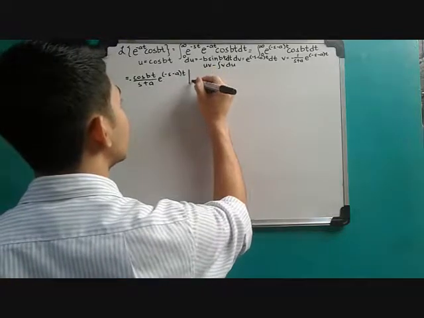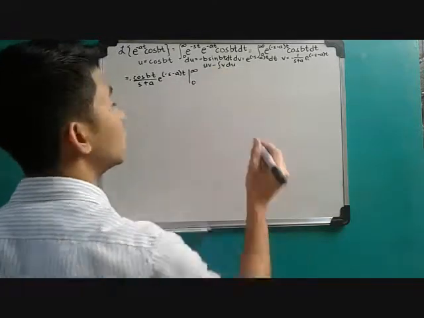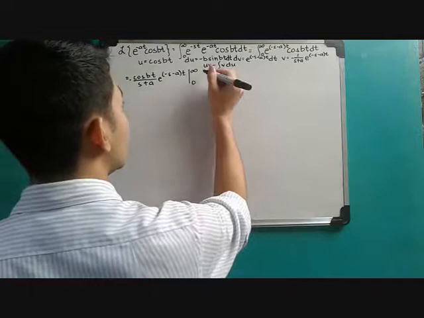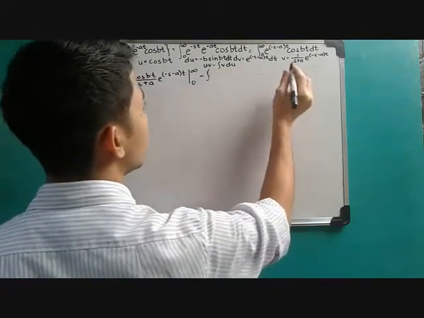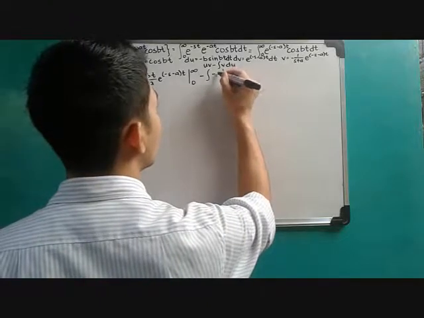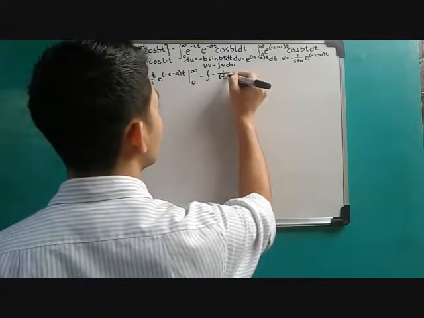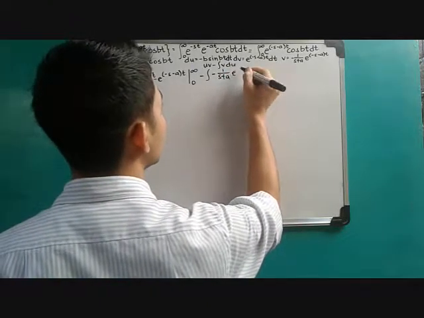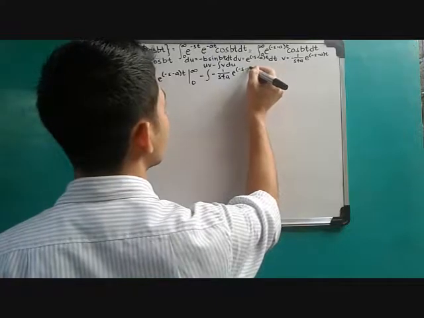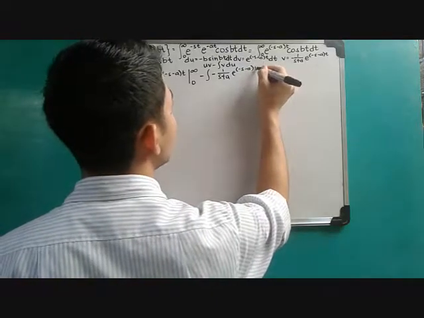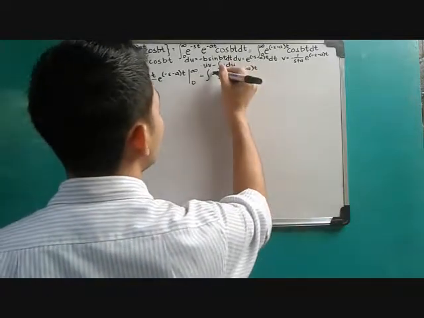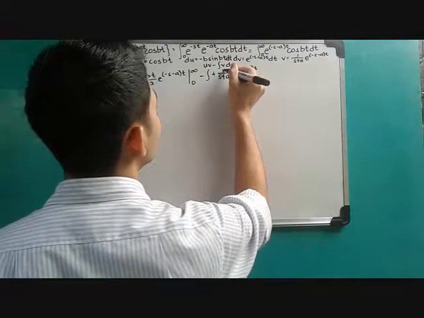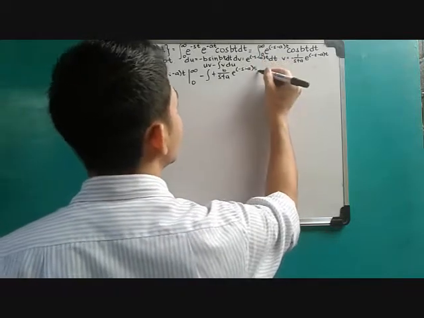You can substitute the limit so that you will not get confused later. Minus the integration of your v, negative 1 over s plus a times e raised to the quantity negative s minus a times t, and your du is negative b sine bt dt, so this will become positive.